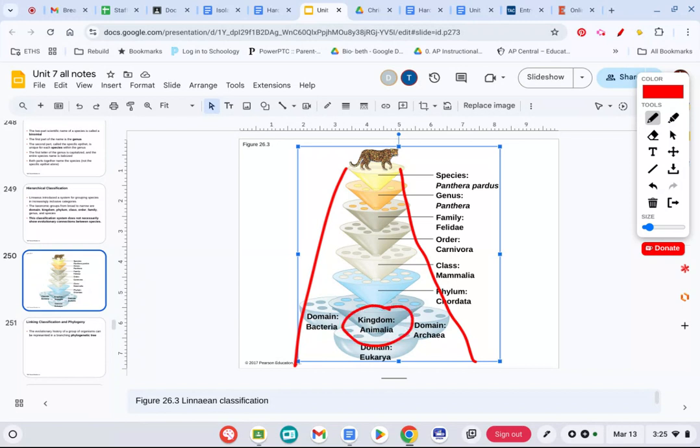Below domain, you have kingdom. In this case, it would be kingdom Animalia if we're talking about a panther. Okay, so kingdoms are plants, animals, protists, fungi, and what am I missing?